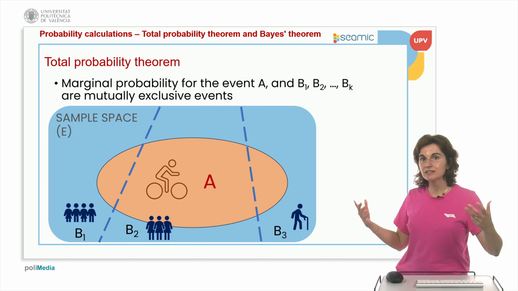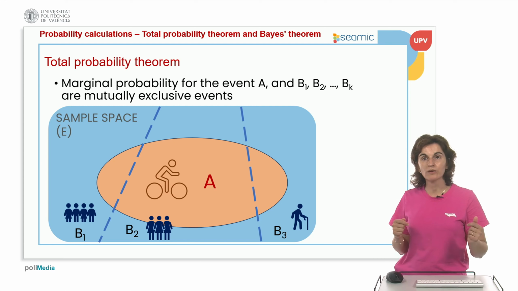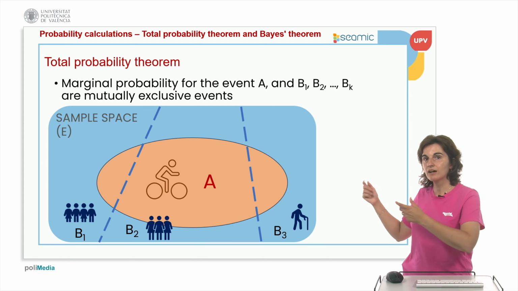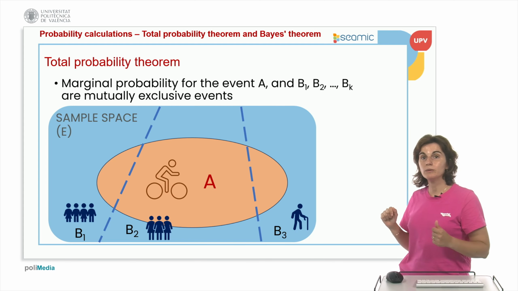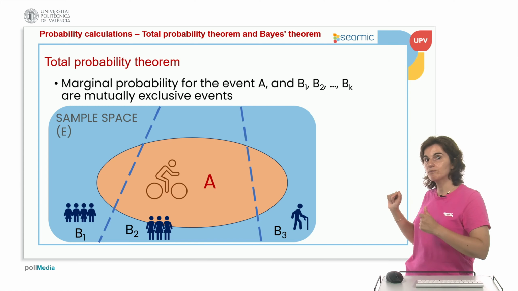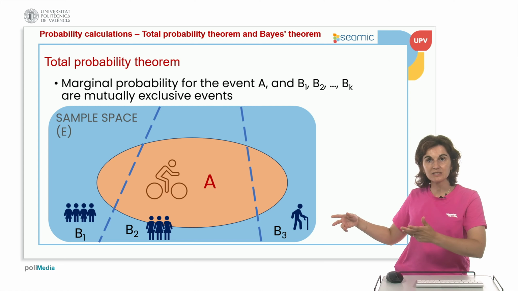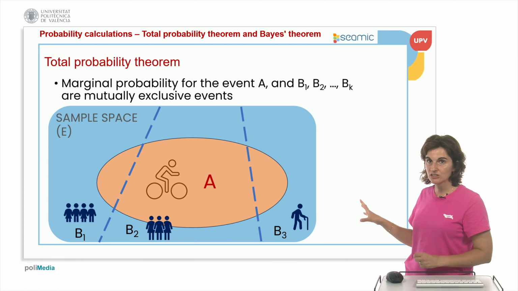And you could extend this example to other contexts, to other environments, such as, for instance, having smoking habits among different group ages, or the probability to find a defective piece among different populations of providers or suppliers. There are many examples that match with this structure.